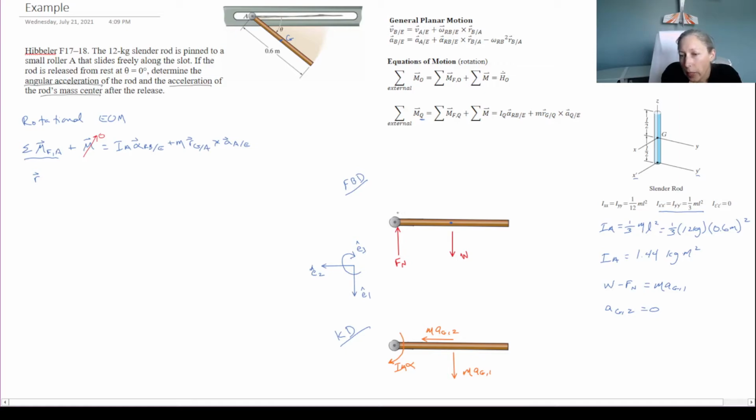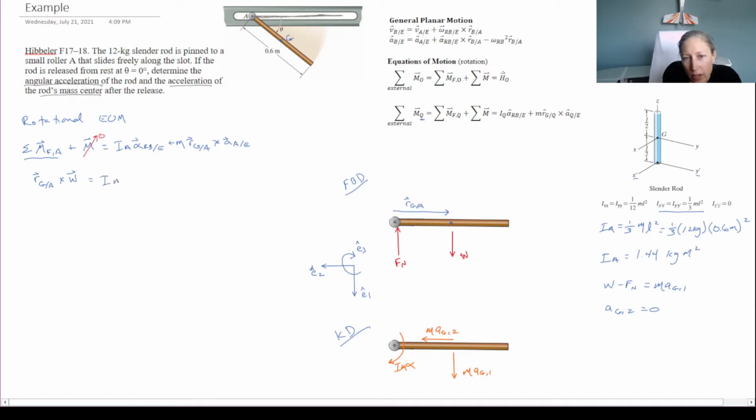So we need this position vector from point A to point G, right? So this is going to be the position of G as seen from A, cross the weight force, and that's it. That's it for the moment, the weight. That's it for the forces that create moments about point A.